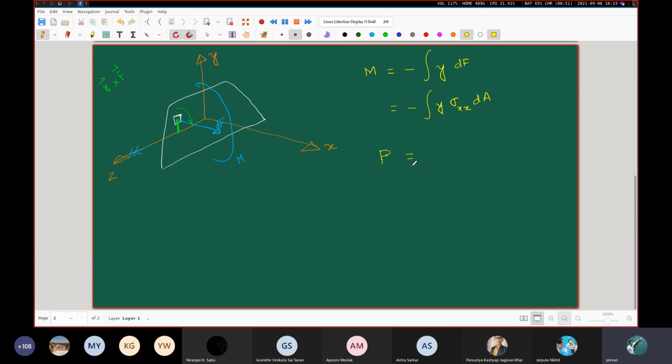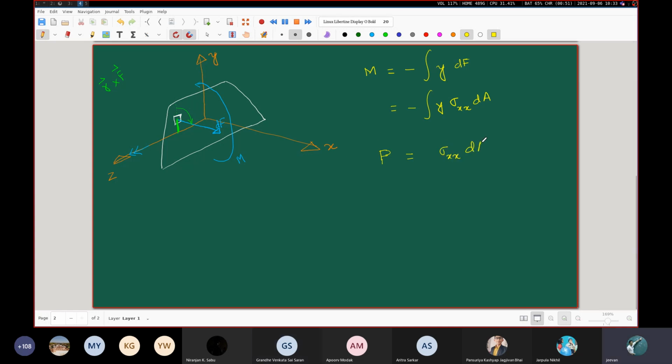What is, in general, the expression of P associated with? Meaning to say, which component of the stress is it associated with? Please understand that the direction of this P is the same as the direction of this dF. So it must be sigma xx into dA.